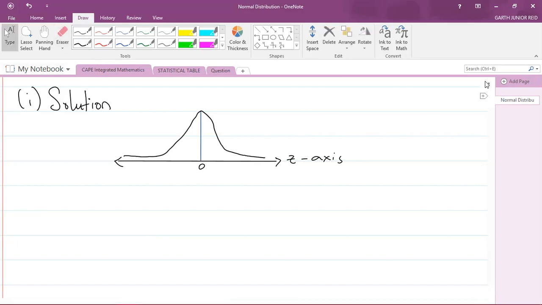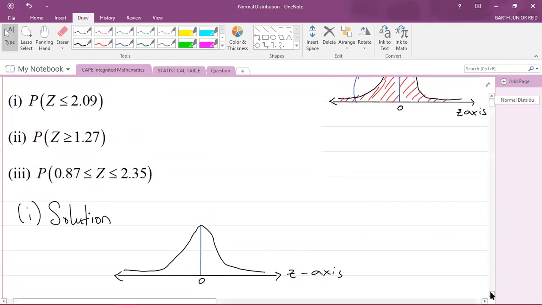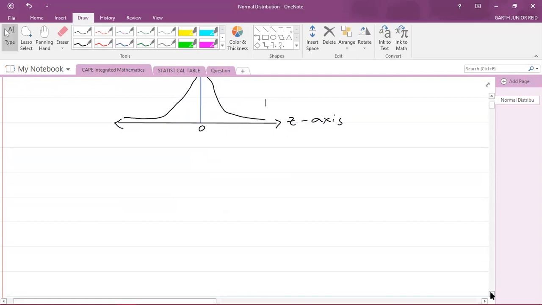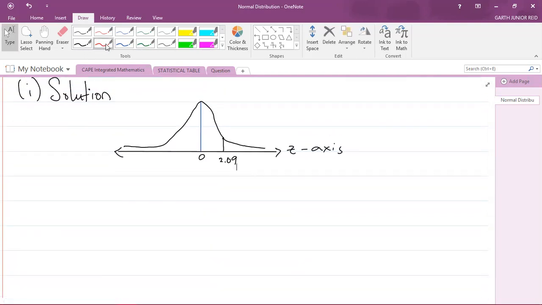We want the probability of z less than or equal to 2.09. 2.09 is to the right of 0, so somewhere here is 2.09. That's my z value. And we want less than or equal to, so I will have to shade to the left of this value here. That area is what I want.